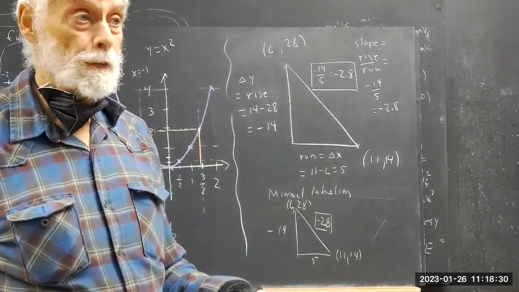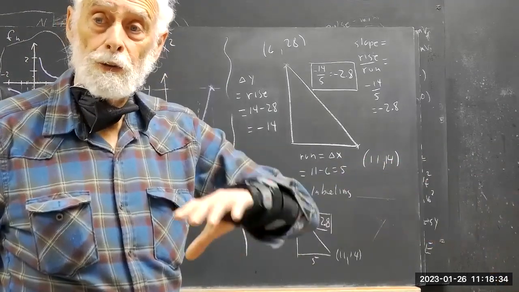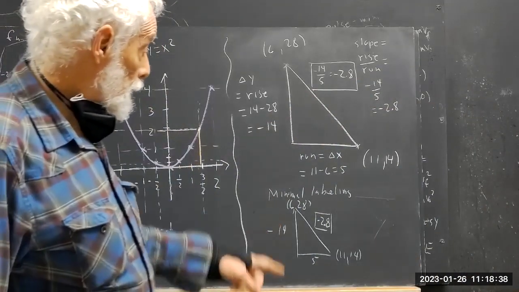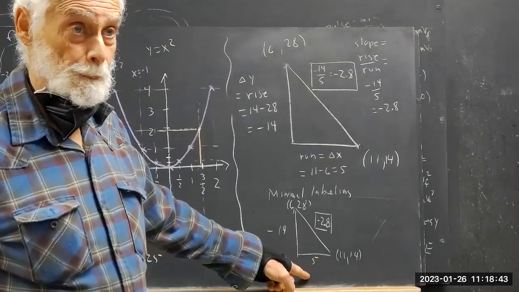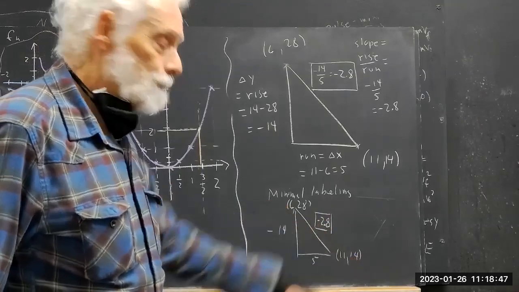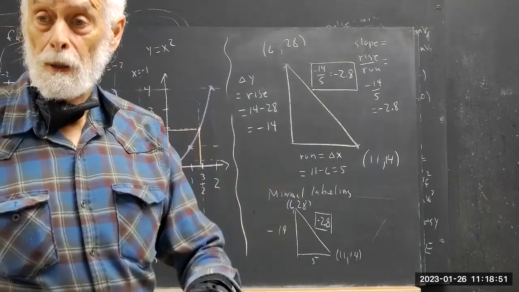You can check yourself quickly and easily without having to look at a bunch of calculations scattered all over the page. Okay, it's organized, all the information is right there at your fingertips. So if something is wrong, you can quite easily spot it. So this is why we label the thing.